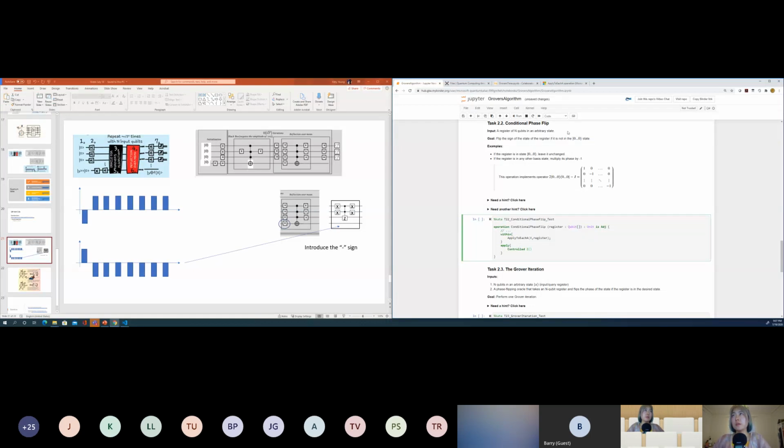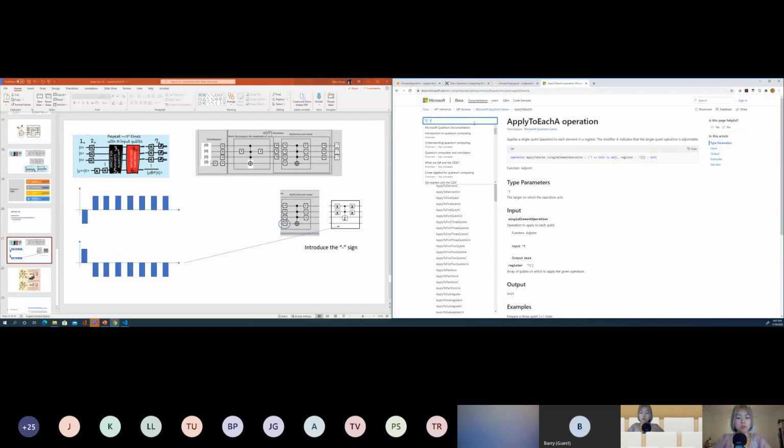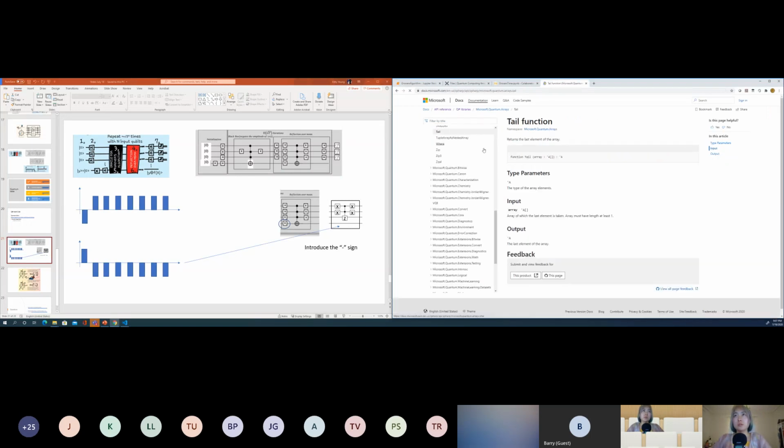Turns out there's something in Q# you can do that, and that one is called the tail. If you look at the API, the tail function returns the last element of the array.